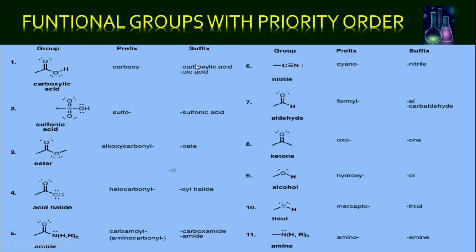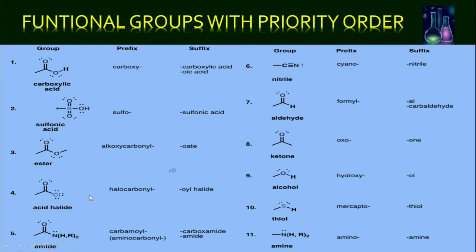If it is used as a suffix, it is called sulfonic acid. The next is ester, the functional group R-C double bond O-R. As a prefix it is alkoxycarbonyl. If it is used as a suffix, then it is written as oate.